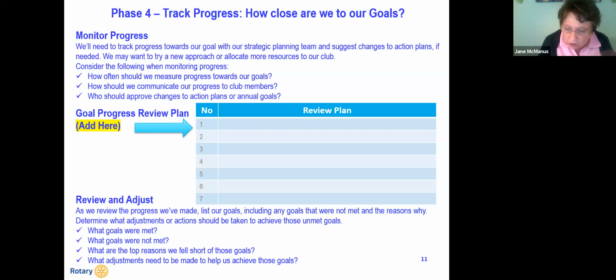Because some things you're going to want to change. Maybe you want to do it a little more often, depending on the priority. Maybe you don't need to do it as often. So I think this is just a way to see how well you're doing.